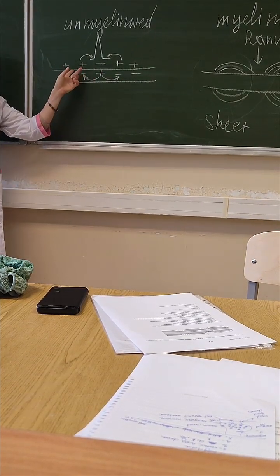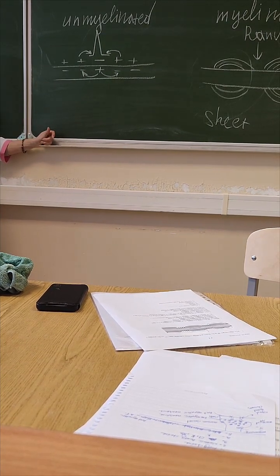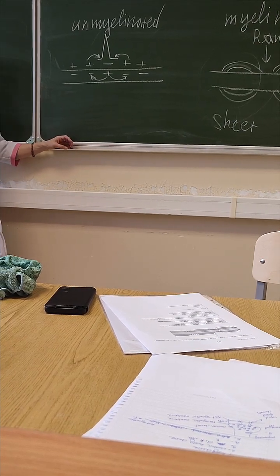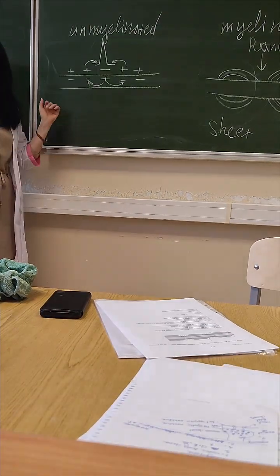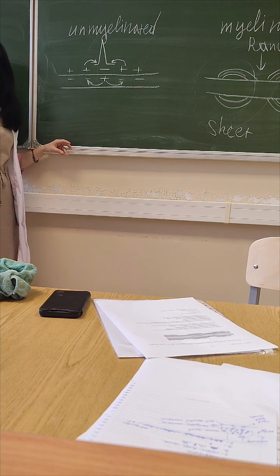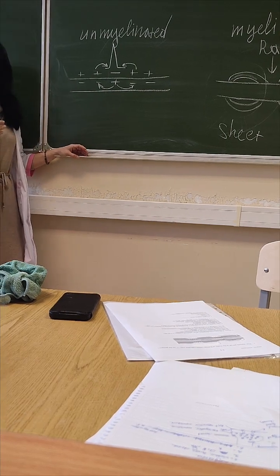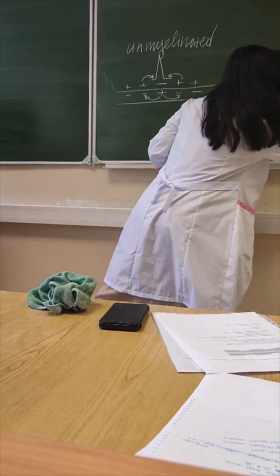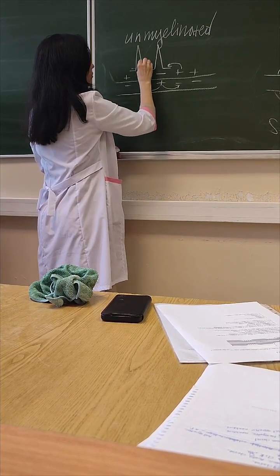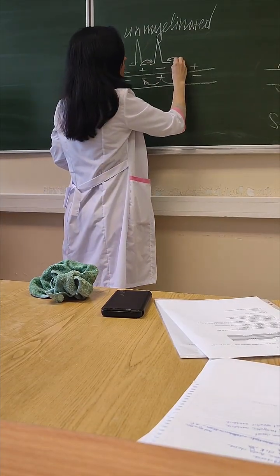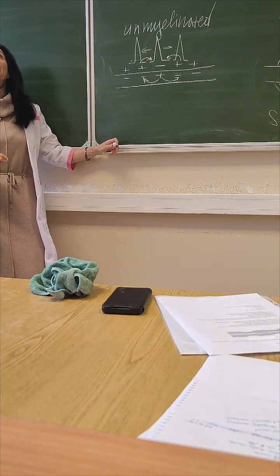The difference of potential forms electrical currents with enough intensity to stimulate the adjacent part, to depolarize it until threshold, and evoke a new action potential on the adjacent part due to electrical currents. And the action potential becomes propagated.